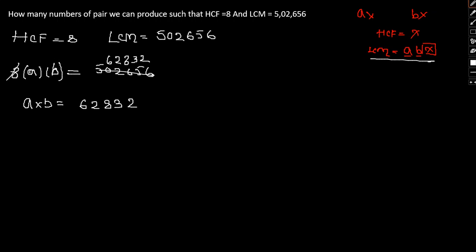So this is what we have. Now let us try and split 62832 into the prime factors.